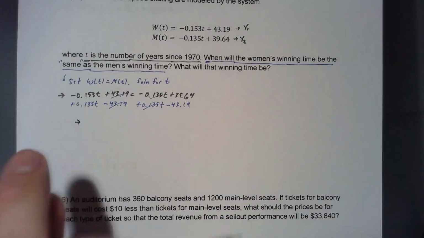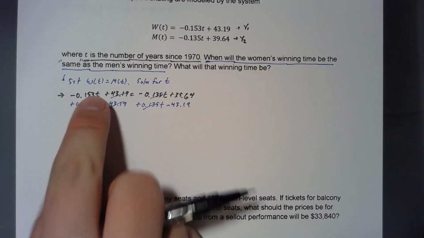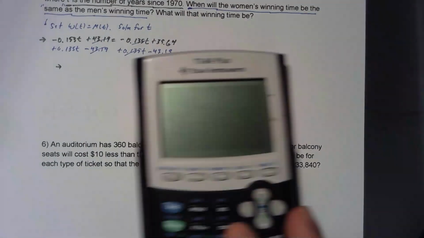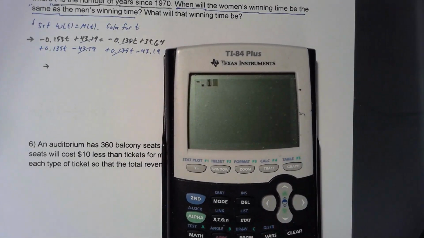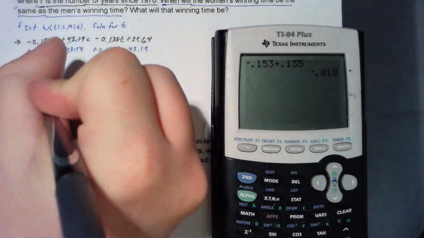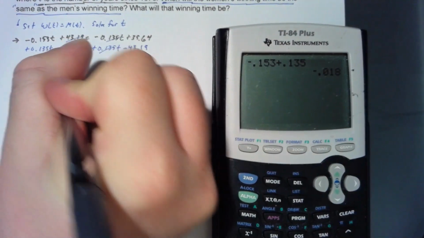So the left side becomes negative 0.153 plus 0.135, which gives me negative 0.018 t.